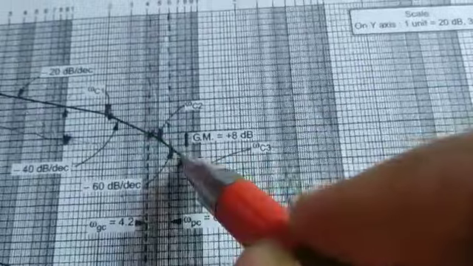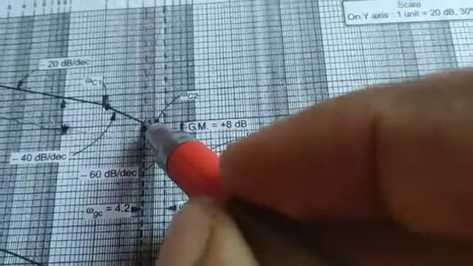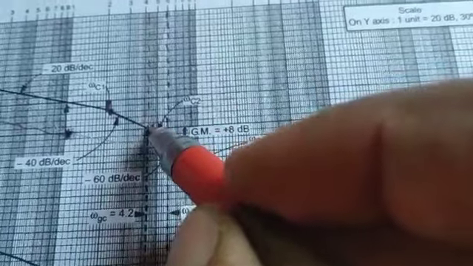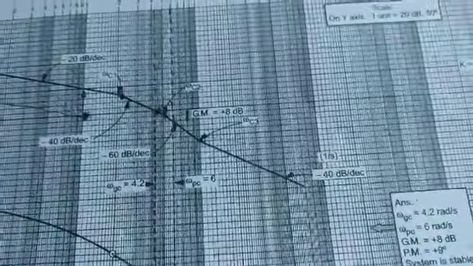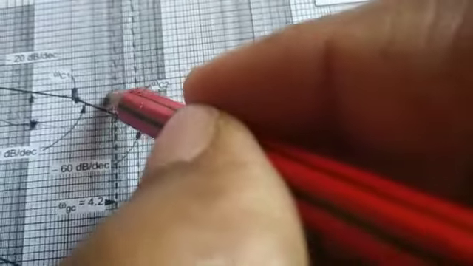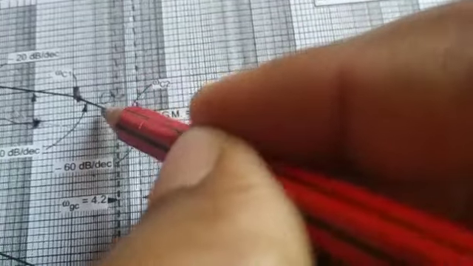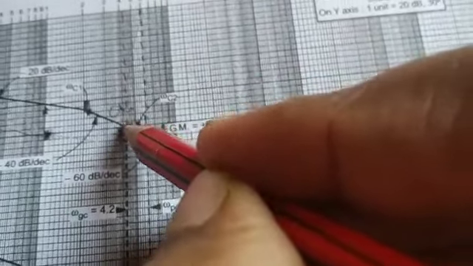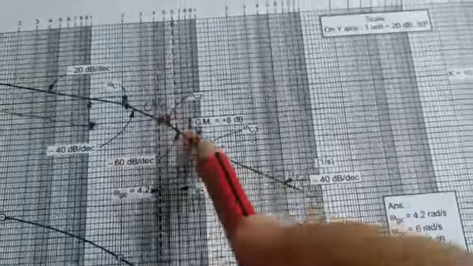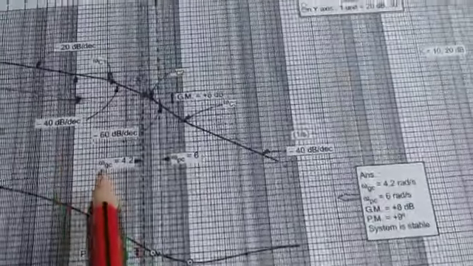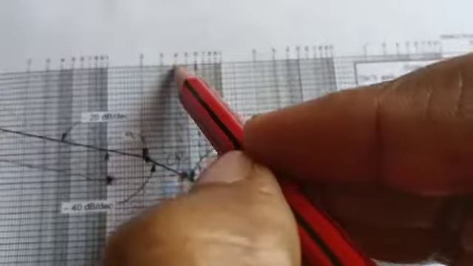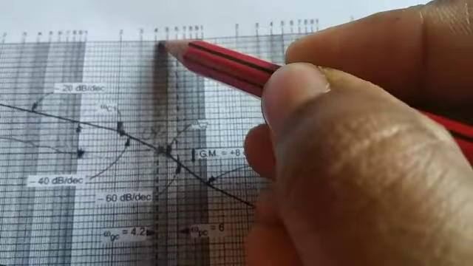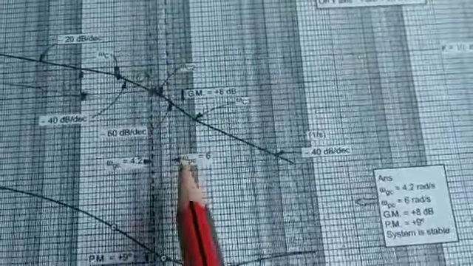After this point it will go down, so the point where the magnitude line intersects 0 dB, mark this point as A, because 0 dB and the magnitude line intersect, and after this it goes down. This line, we mark a straight line for this, that we call omega GC. Omega GC value is 4.2.